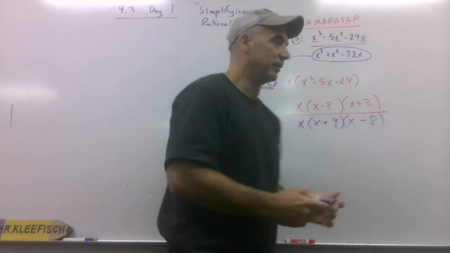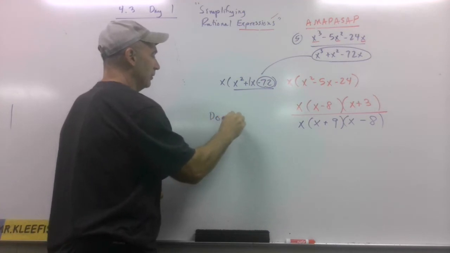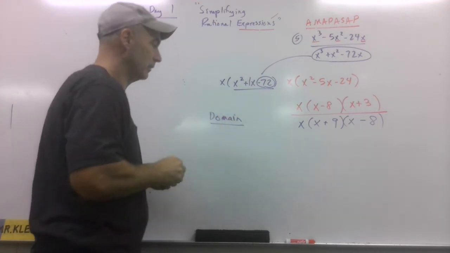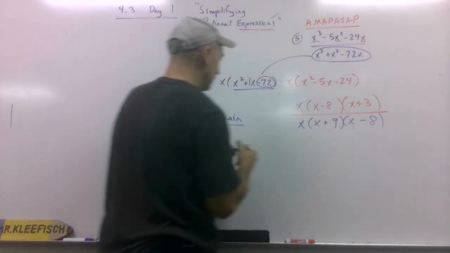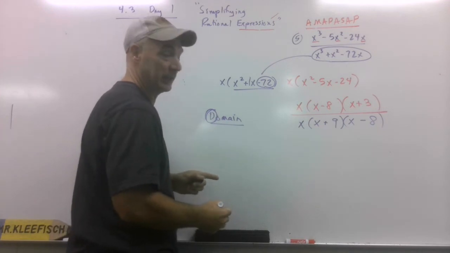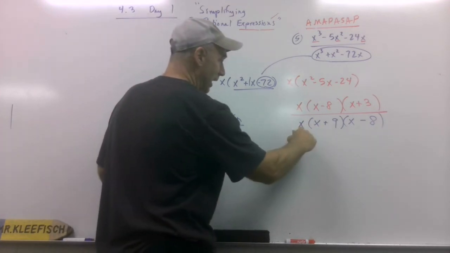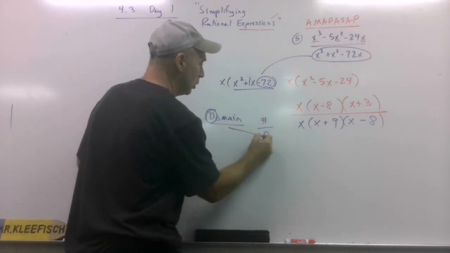But there's a twist. They are going to ask you a lot, find the domain. Now, remember domain on expressions or functions? Here's my little clue, D stands for denominator only. So I look down here and I go, aha, I can't have a 0. This is a big no-no.